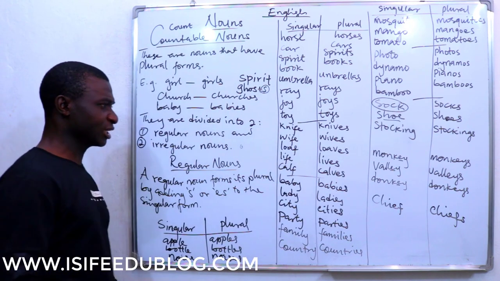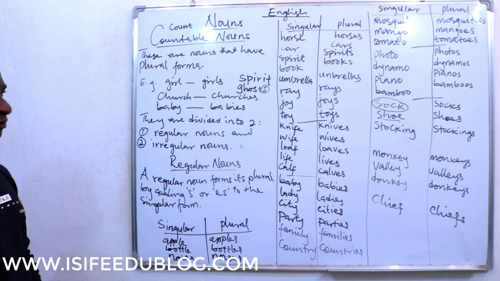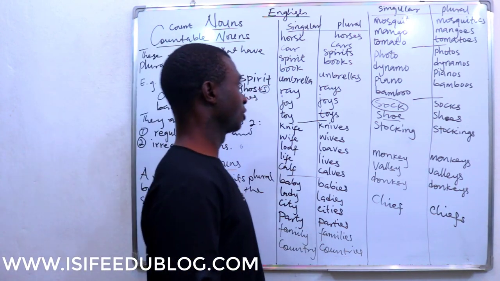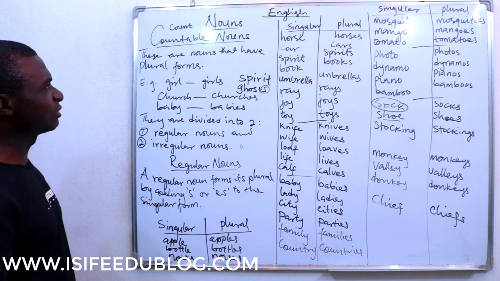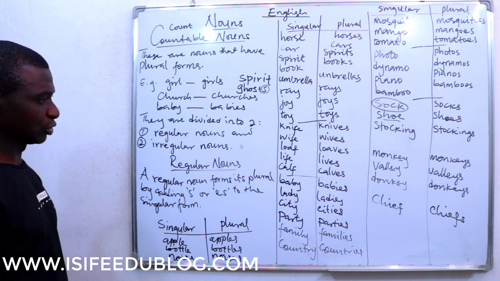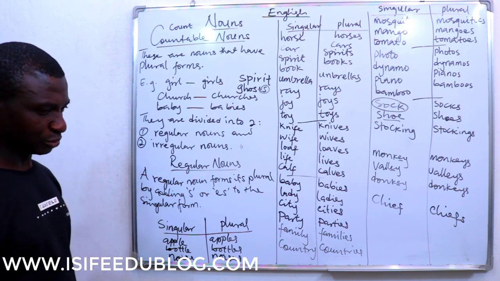We've talked about monkey for monkeys, the Y not changing, valley for valleys, the Y not changing, donkey for donkeys, and chief for chiefs. So we'll take the irregular nouns, still talking of the countable nouns. We'll take the irregular nouns to see how they form their own plural.